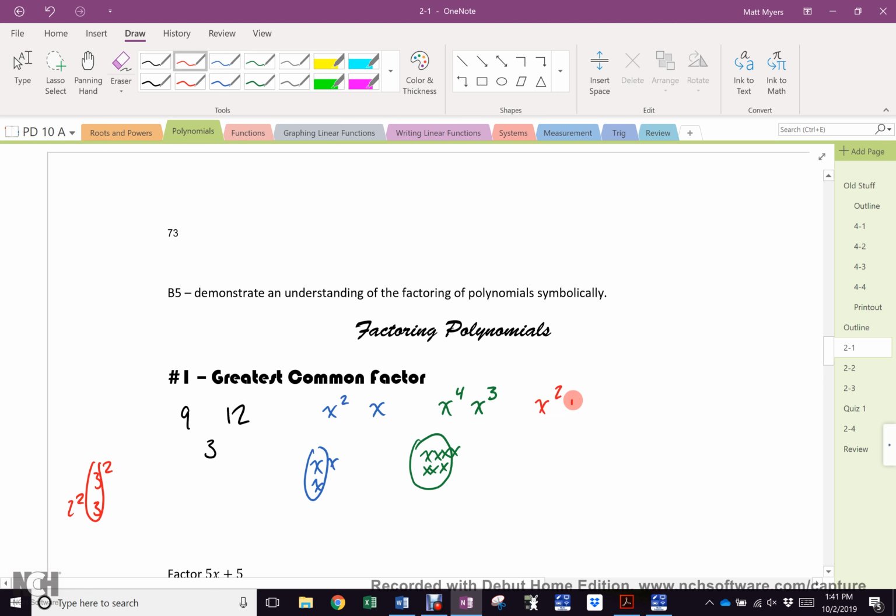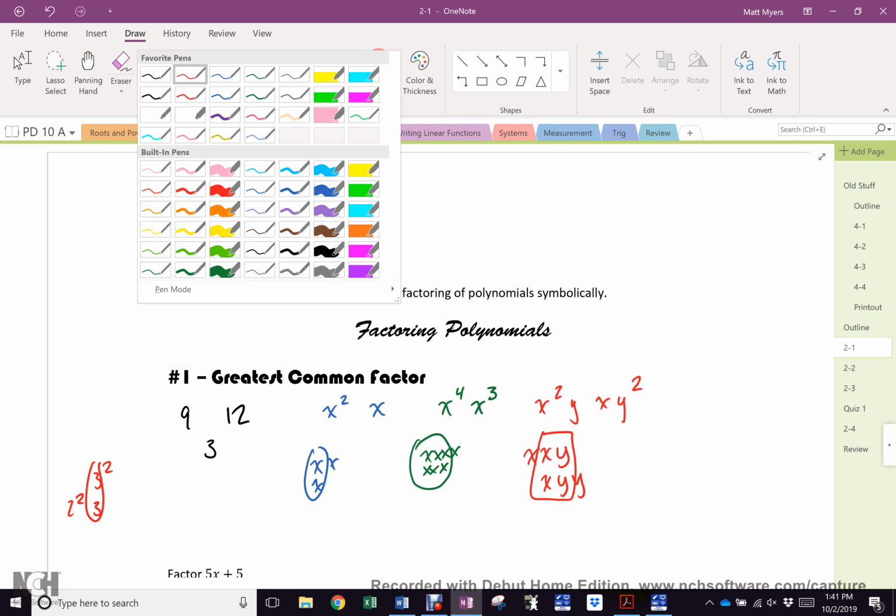X squared y and xy squared. This guy is xxy. This guy is xyy. What's common? One of them. Yeah? Excellent. So now, tell me, and I'm going to use brown because that's a mixture of all these different colors.